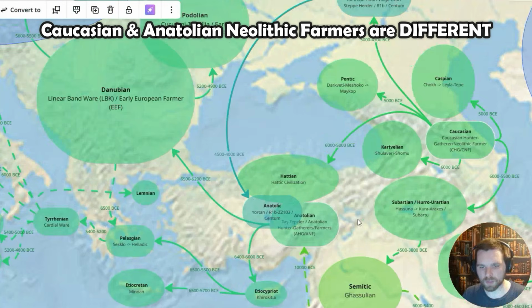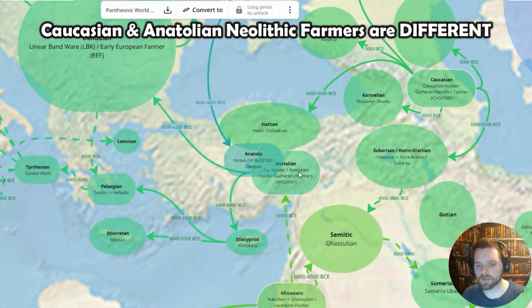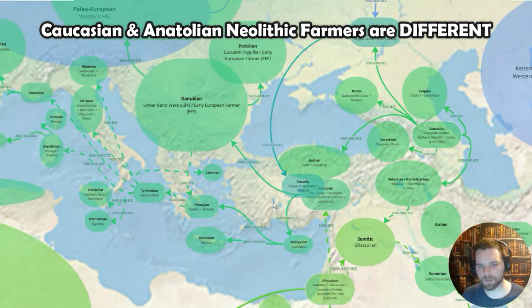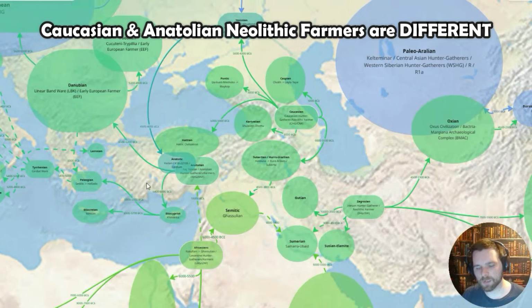The Anatolian hunter-gatherers and Neolithic farmers, on the other hand, were in this kind of southern and western Anatolia region. The Anatolians kind of were doing their own thing and more closely related ancestrally with even early Western hunter-gatherers in Europe. So basically, Europe and Anatolia were like one thing very, very long time ago.